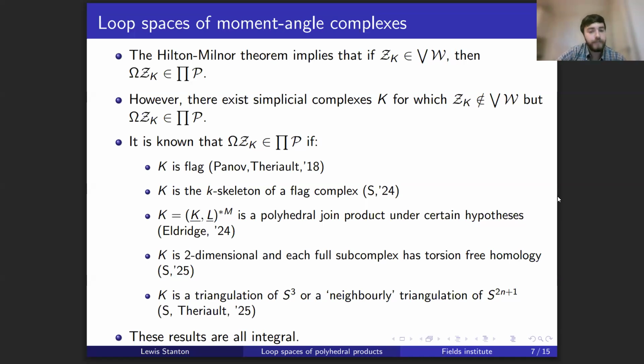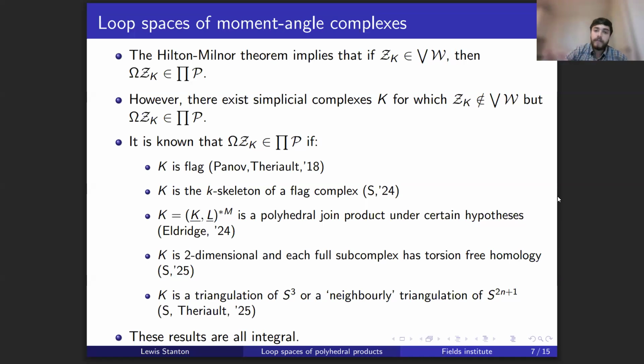So this a priori only holds for the moment angle complex case. But as we will see later, for all these other polyhedral products that I just mentioned, you can actually reduce down to the moment angle complex case, and it will suffice just to study that case to show the decompositions for all these other polyhedral products as well.